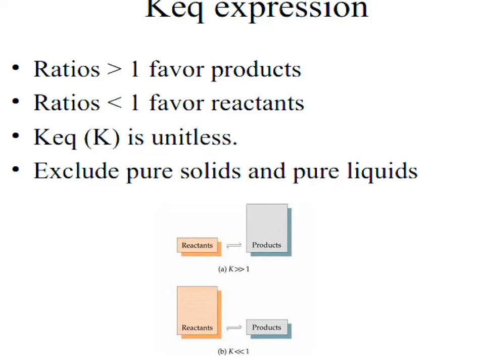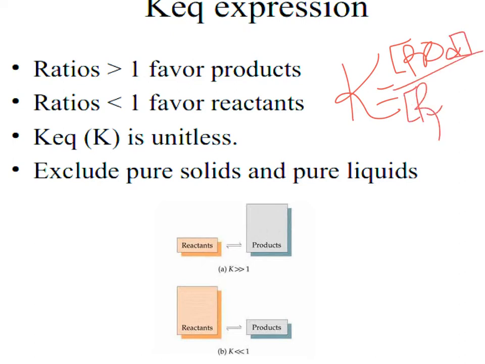So in general, let's think about what an equilibrium constant K tells us. Remember that it's the concentrations of products multiplied by each other on the top and reactants on the bottom. So what does it mean if we have a large K, a K that's greater than 1?